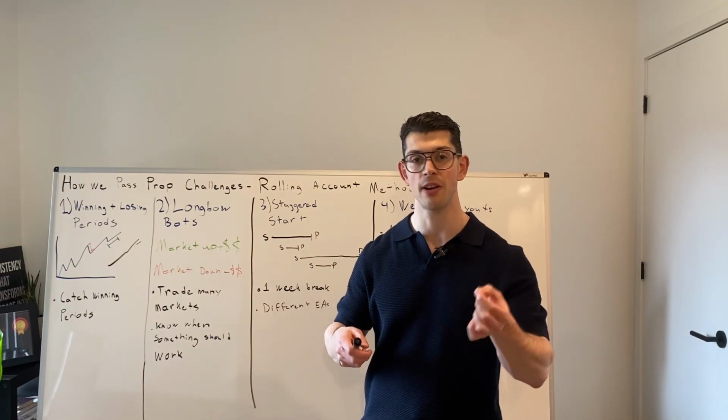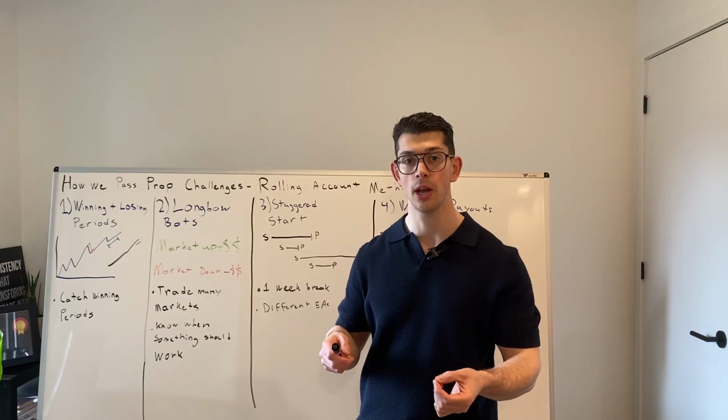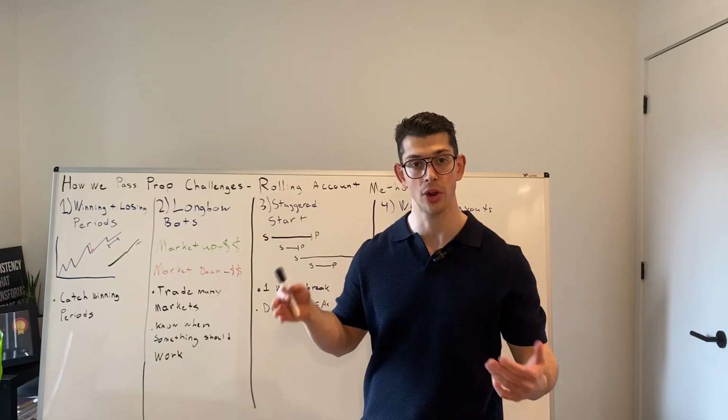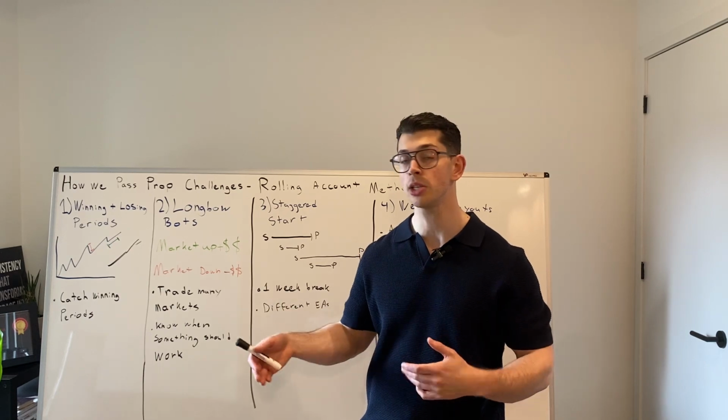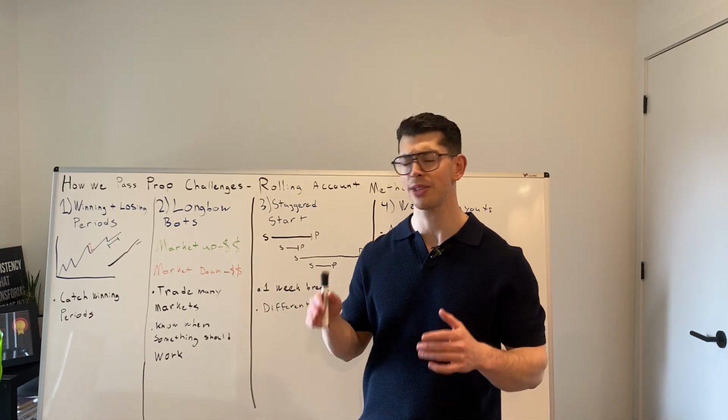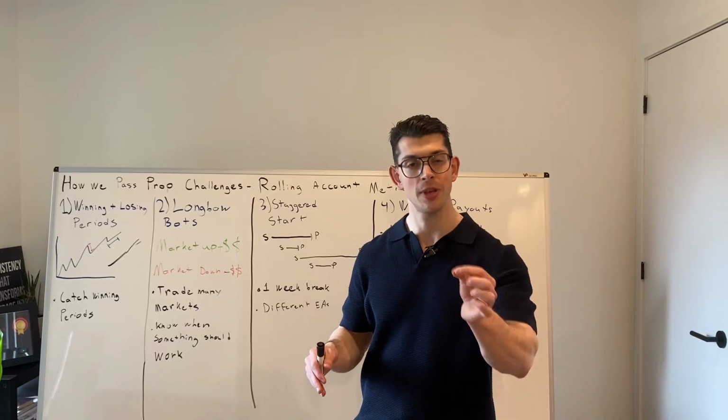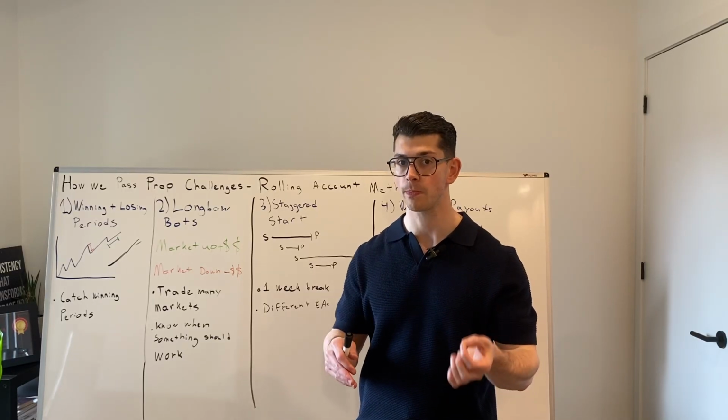Particularly if you're using very tight few pip stop losses. If you have a little bit of extra volatility on a given day, you might lose trades. If that happens for a week, 2 weeks, you're going to enter a losing period. But you don't necessarily know why, because you could just be being stopped out by a minuscule amount.